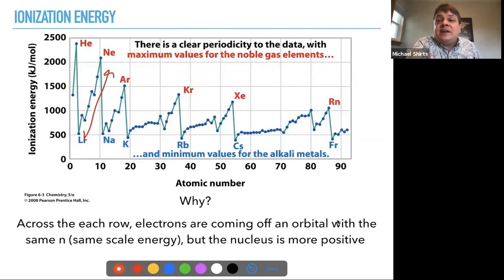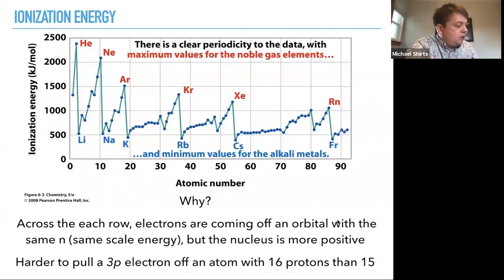For lithium, that n=2 electron only has to get away from 3 protons, but for neon, it has to get away from 10 protons. So that's a lot more to pull. Even taking into account the shielding, there's still a lot of positive pull that it has to get away from.